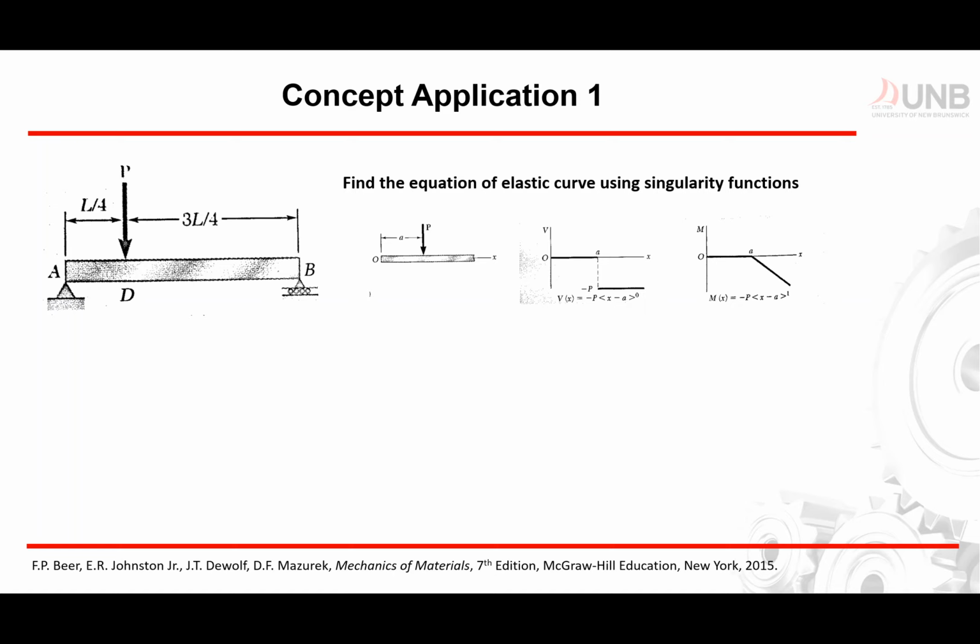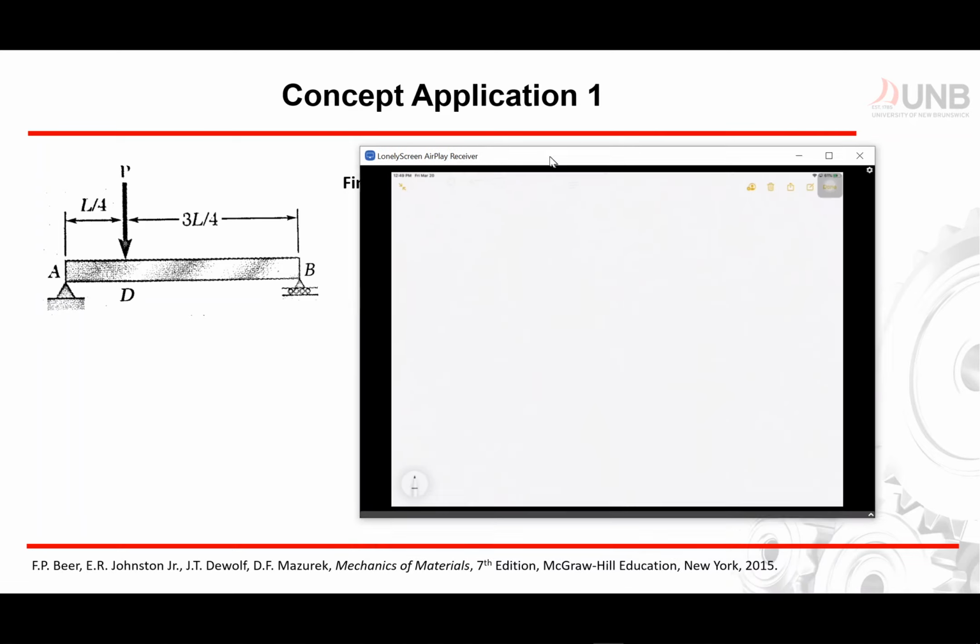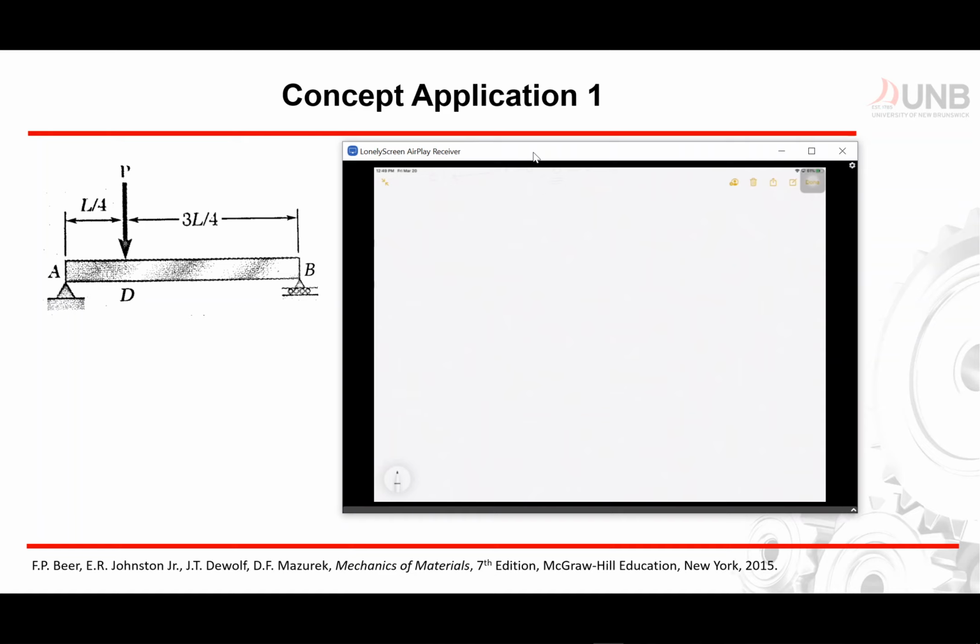So let's say we have a beam, we have a force P, at L over 4 from point A. Let's write the beam. I'm going to maximize that later. So first, let's draw our beam.